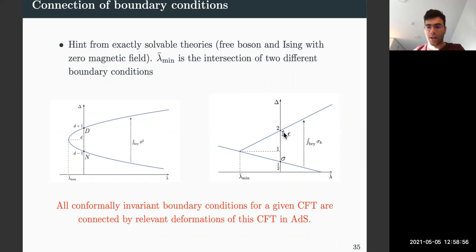You start from the identity boundary condition and go to negative, and it connects with the other boundary condition, sigma, deformed in AdS. They meet each other at some point, so they're connected in that sense.